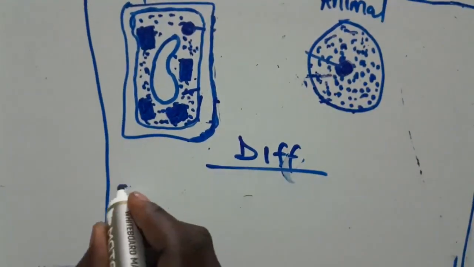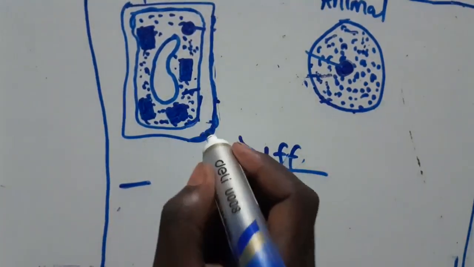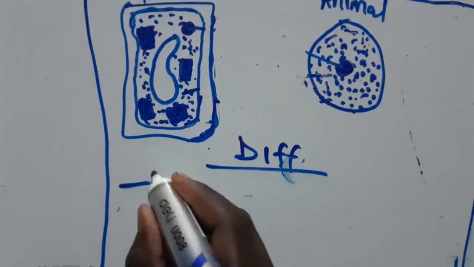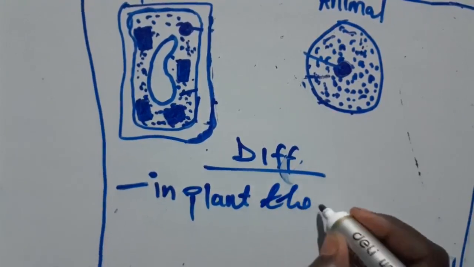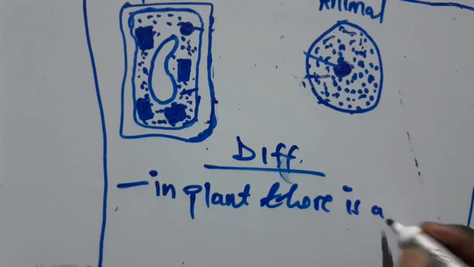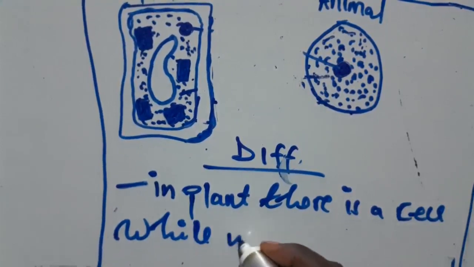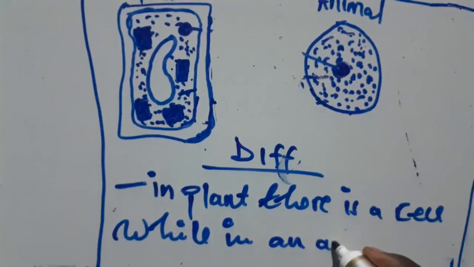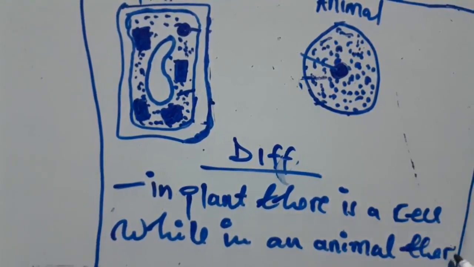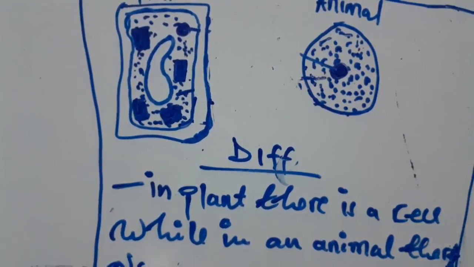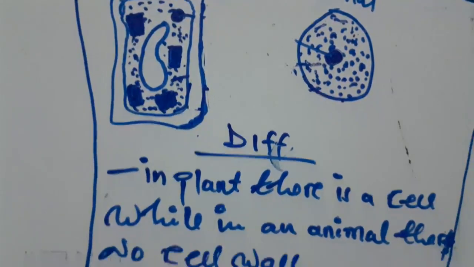So one of the differences is that in a plant cell there is a cell wall, while in an animal cell there is no cell wall. So this is one of the differences, this is the shear factor.